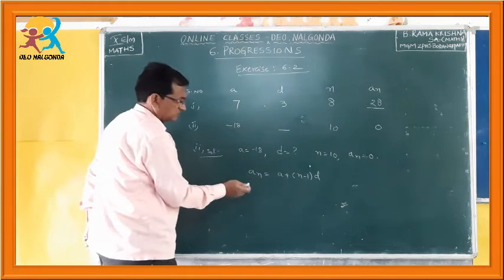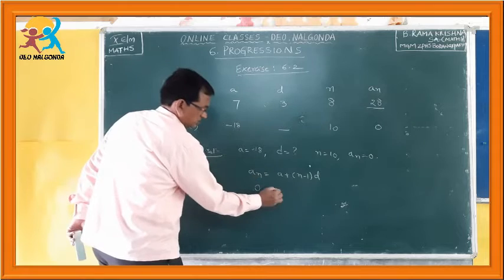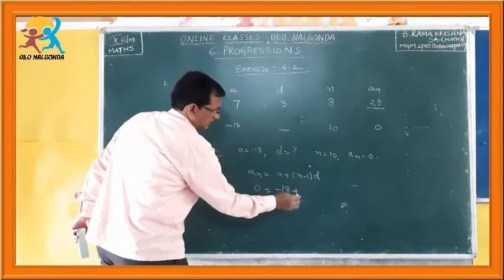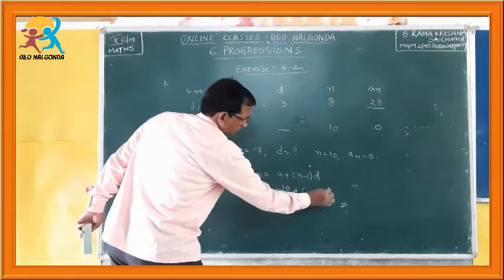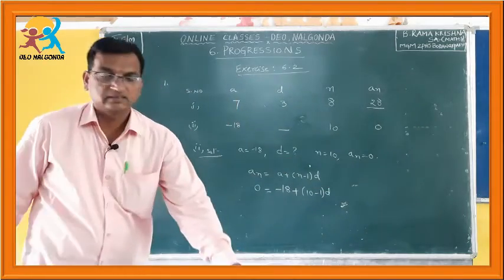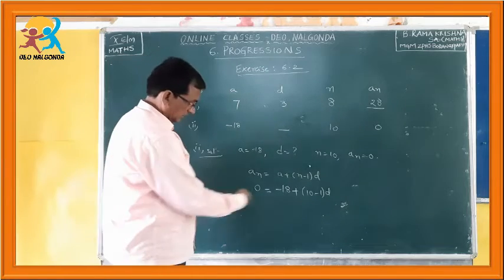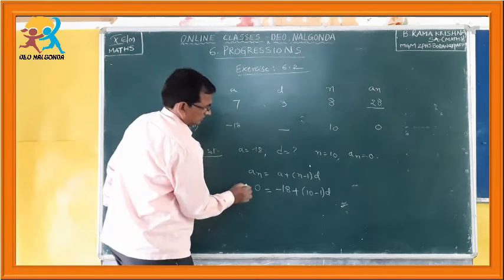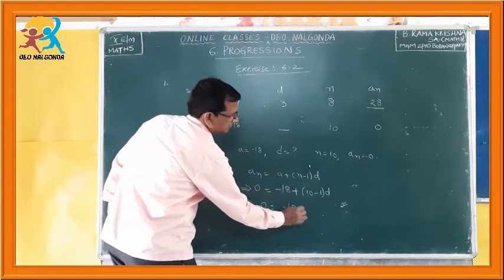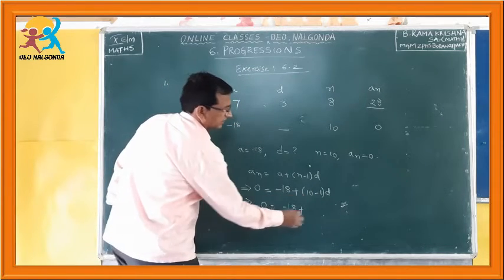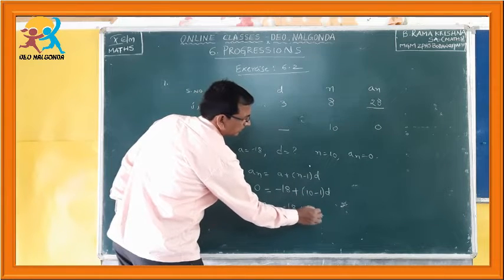Substitute the values which are given: An is 0, A is minus 18, plus n is 10 minus 1, and d you have to find out, so write d as it is. Now, you have to find the value of d from the given equation. 0 is equal to minus 18 plus, 10 minus 1 is 9, so 9d.